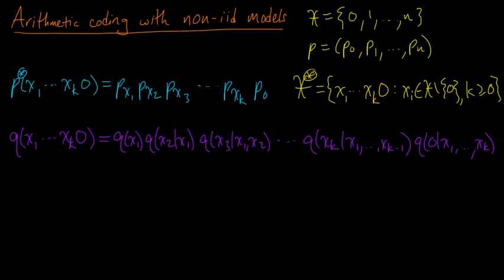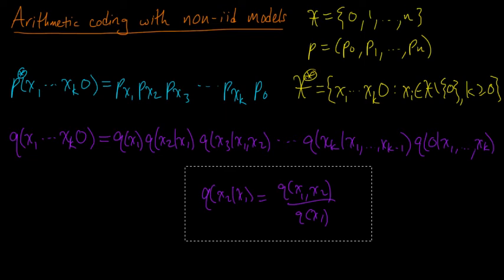This just follows from the definition of conditional probability. For example, q(x2 given x1) is just q(x1, x2) divided by q(x1). If you plug that in, the q(x1) cancels, and so forth. Do the same thing for all the other ones, and you can derive this identity.